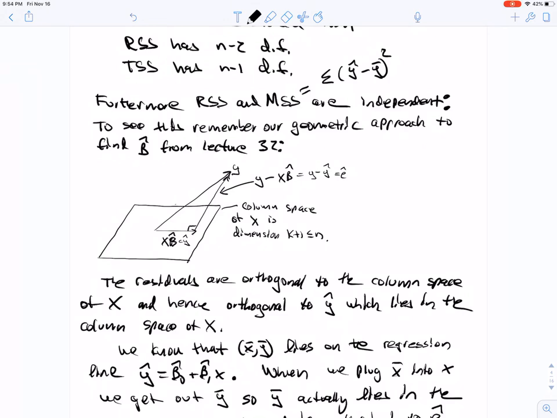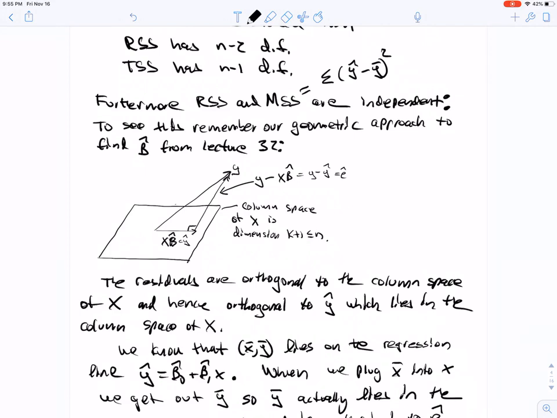We defined b hat to be such that it minimized the residual, the residual sum of squares, in fact. So y minus x beta hat, so it's minimize that vector, or actually the Euclidean norm of that vector.